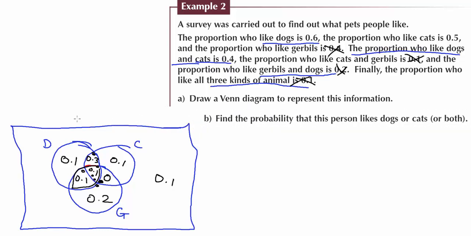So we need the area which involves dogs and cats. This one is dogs, this one is dogs, this one is dogs, and this one is dogs and cats. Basically this whole area, you see that's the area I want. So if I count all of them up, it's 0.7. Okay, happy with that? Now let's look at the next one.